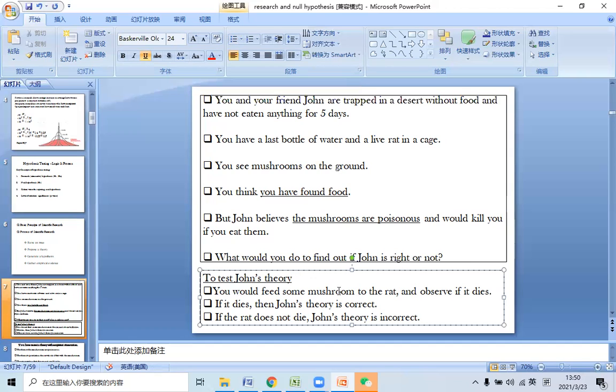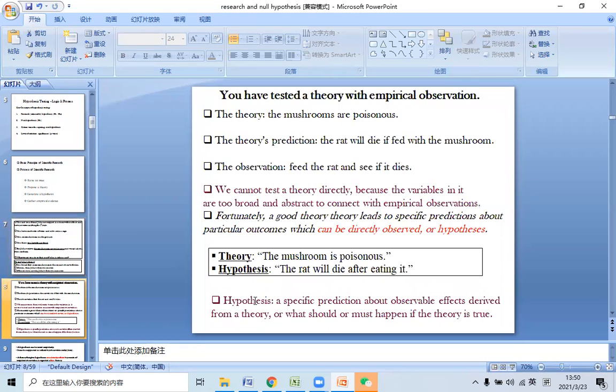Yeah, you could feed some mushroom to the rat and observe if it dies. If the rat dies, you have to sacrifice the rat. And then, well, you might conclude John's theory is correct, support it. Well, if the rat does not die, John's theory might be not supported. You think that the theory is not correct. This is a rough process or logic of how you find out if a theory is correct.